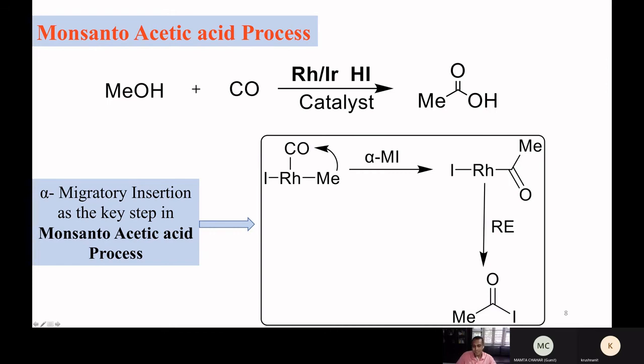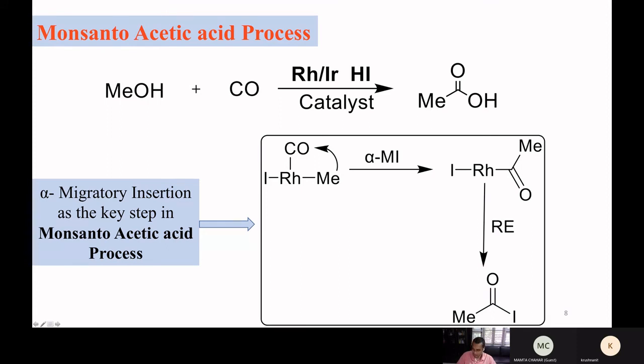Now, in these particular cases, if you do not have enough energy or enough temperature given, this methyl transfer onto the CO may not happen effectively. And sometimes this reductive elimination step, this iodide and this acyl CH3CO, this is the acyl unit, can also be not very fast.